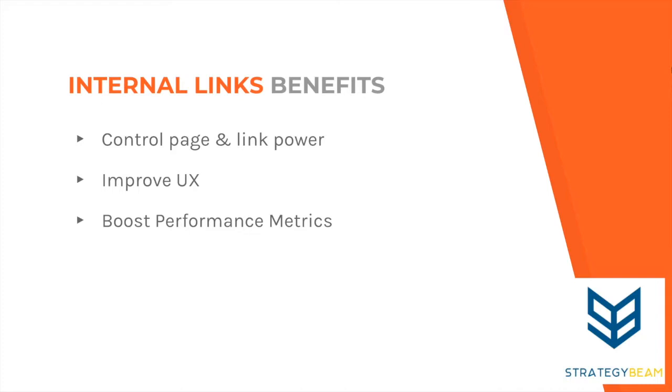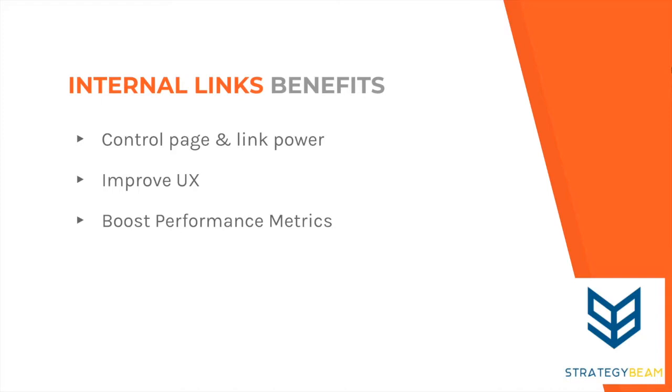And then the third one here is internal linking helps boost performance metrics. Performance metrics are things like time on content, how many pages did people visit, decreasing bounce rate, things of that nature. And while many people don't think about these metrics, they do have a pretty big impact on how Google ranks your site.